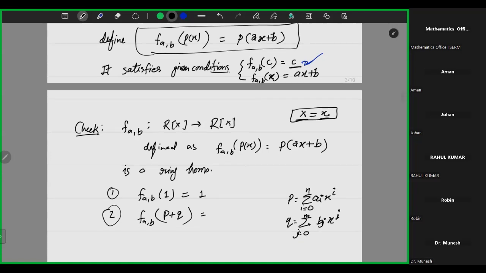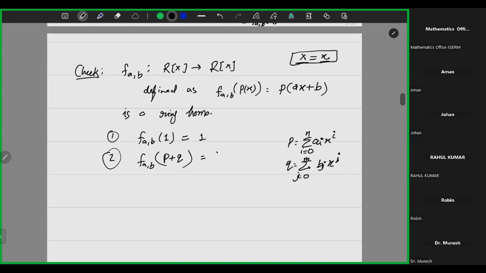So this will turn out to be F_AB of the sum, which becomes a_i plus b_i times x to the power i. I'm not writing the index because in the sum, the index goes to k, where k is the maximum of m and n. The usual sum of polynomials.